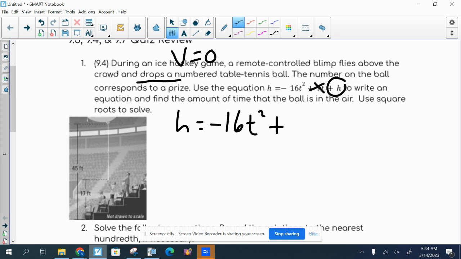The initial height, as you can see from the diagram, would be the 45 feet. And then, usually when we do this, we find the time when the ball reaches the ground. But for here, we're going to find the time where it reaches this person's hand, which the diagram shows is 17 feet. So we're going to set h equal to 17 feet.